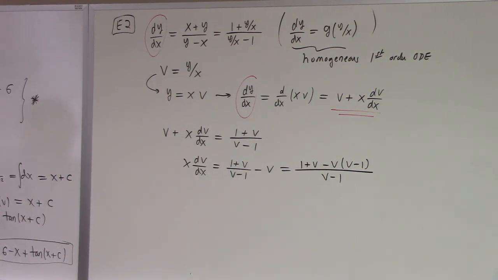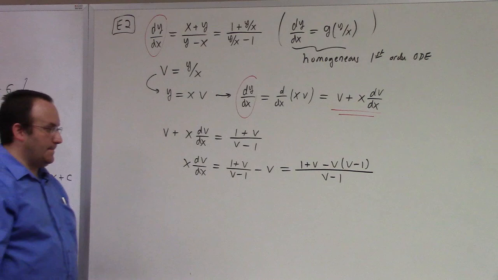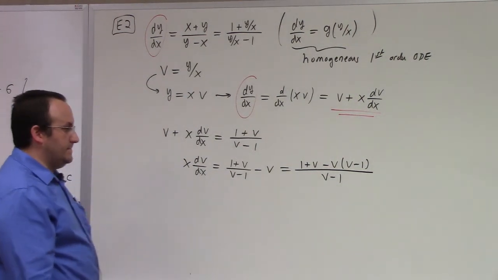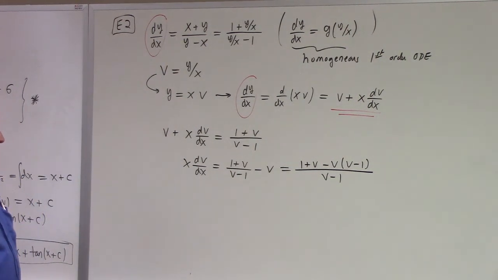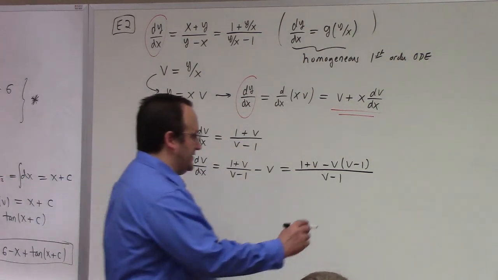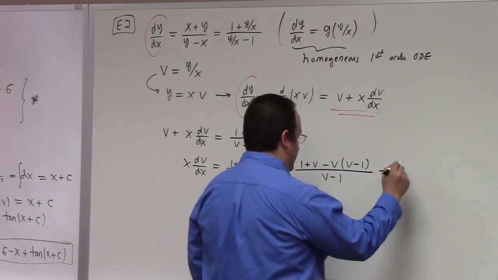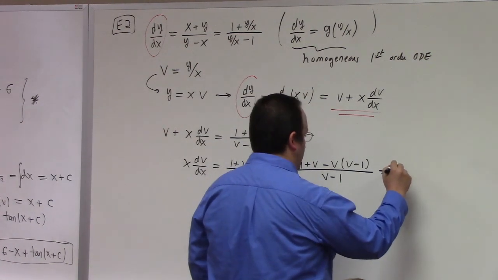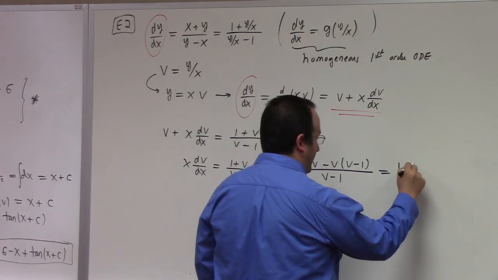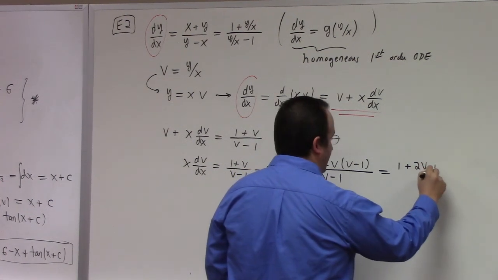Can we clean that up a little bit? Let's see here. So we get what is it? 1 plus 2v, right? Plus v squared?